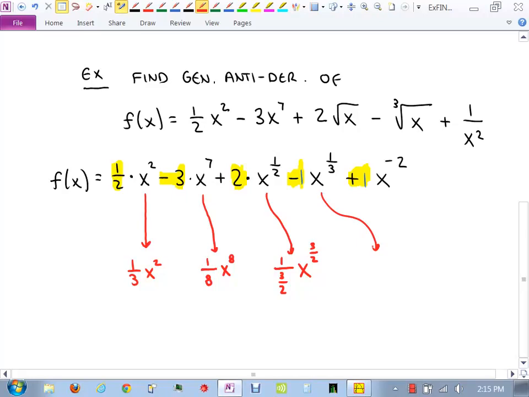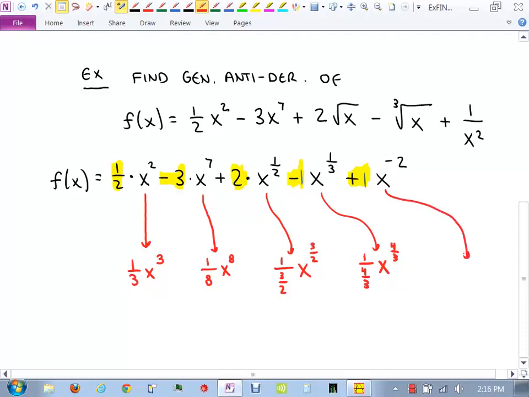It is. Thank you. You're probably sitting there going, what the heck? What's 1/3 plus 1? 4/3? So this is 1 over 4/3 x to the 4/3. Is that all right? How about this last one?